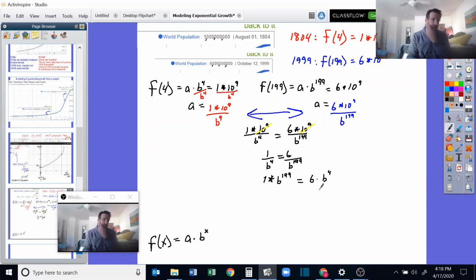So now I'm going to do a little trick here. I'm going to try to find out what b is. So I'm going to divide this b to the fourth off of both sides. Now over here, this cancels out. I just have 6. Over here, well, multiplying by 1 doesn't change anything.